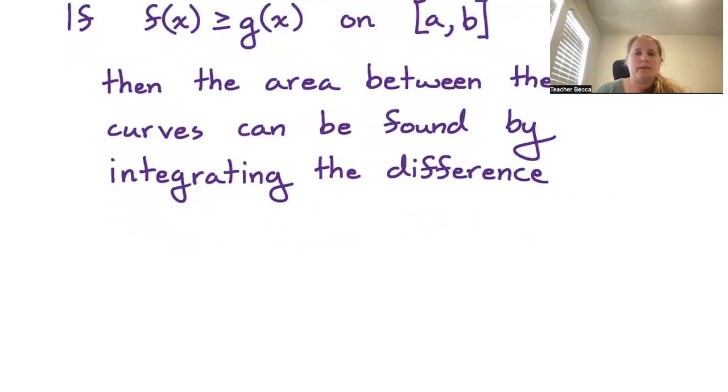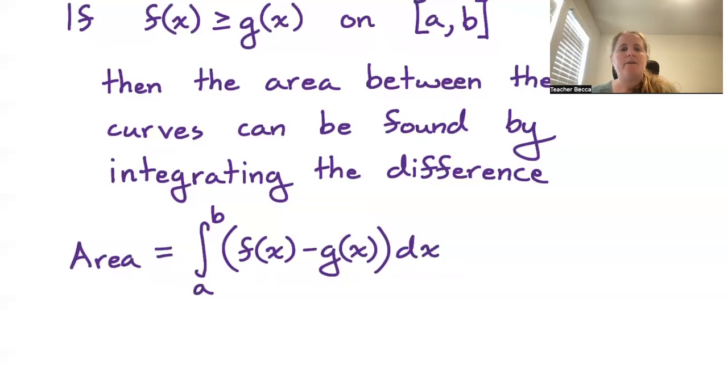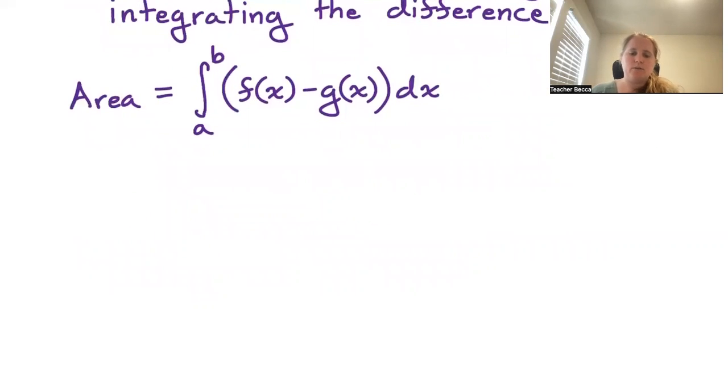So in other words, the area is equal to the integral from a to b of f of x minus g of x dx.